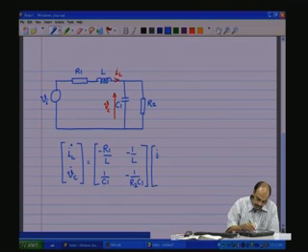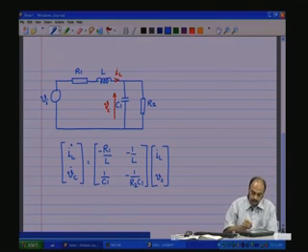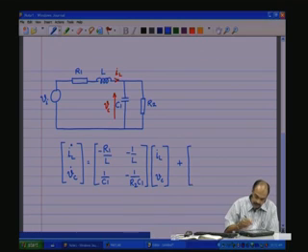We have IL, VC, this is the state vector, plus we need to write the B matrix, which is 1 by L, 0, and Vi.